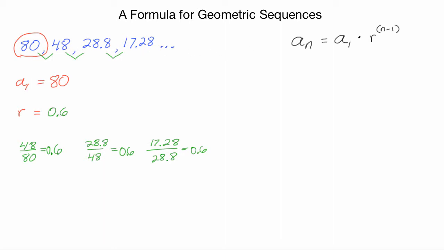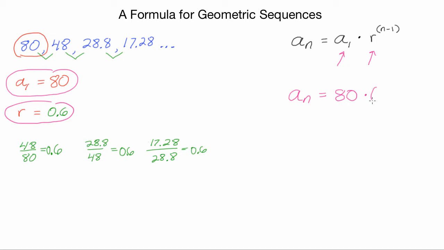So how does that translate into a formula? I put these values in for a sub 1 and r respectively, and I get this formula right here. Any term in the sequence is equal to 80, that's what I'm starting with, times 0.6.